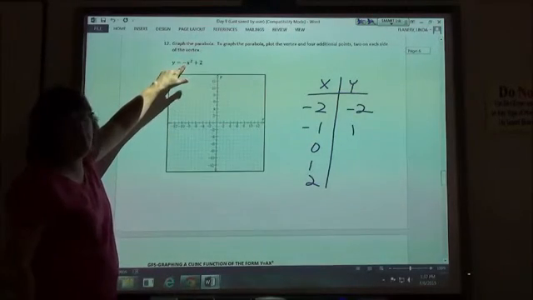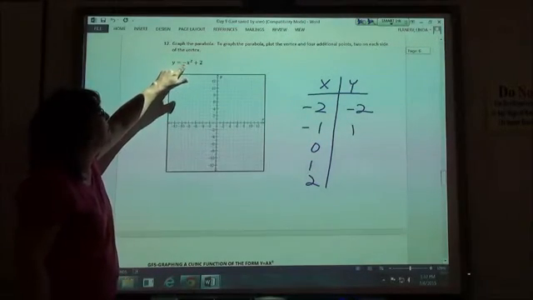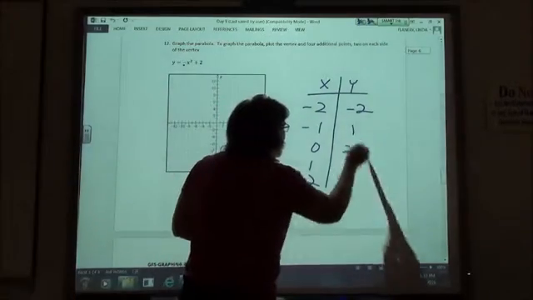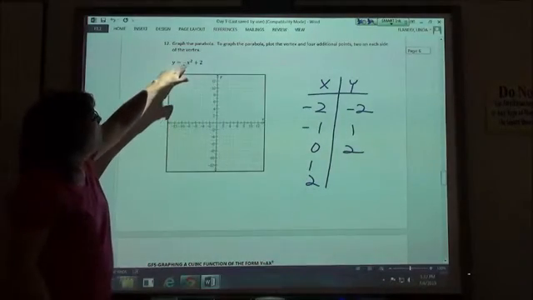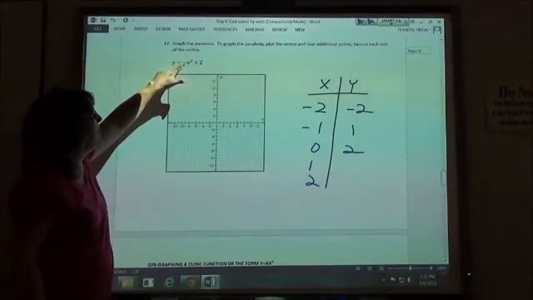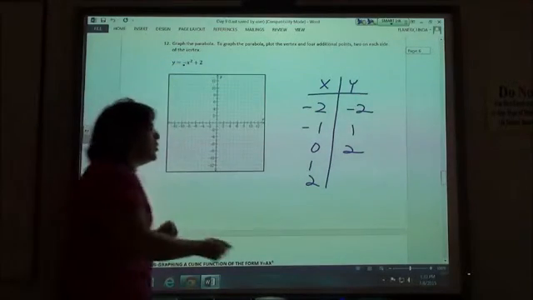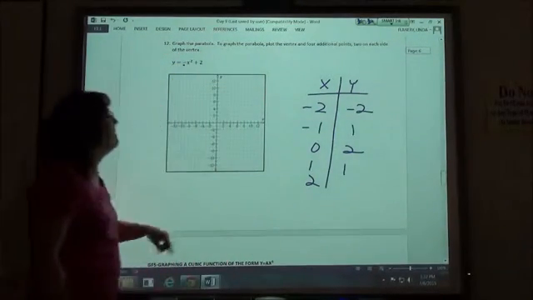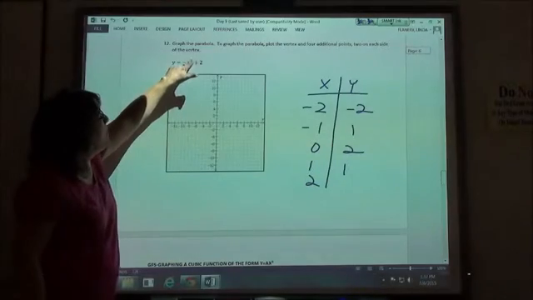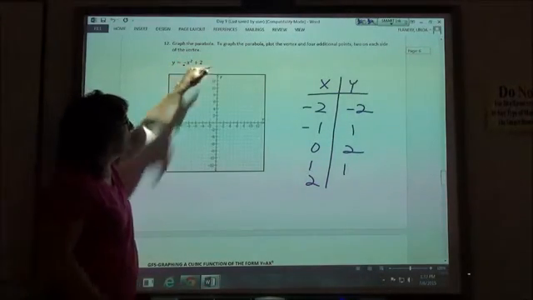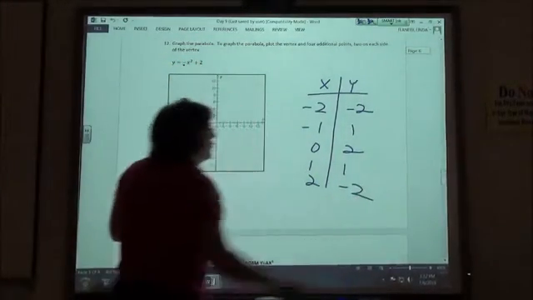0 squared is 0. You really don't have a -0. 0 plus 2 is going to give me 2. 1 squared is 1, but I've got the negative, so -1 plus 2 is 1. 2 squared is 4, but I have the negative, so -4 plus 2, -2.